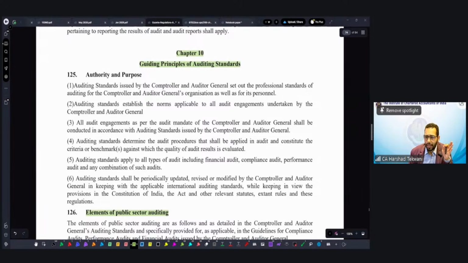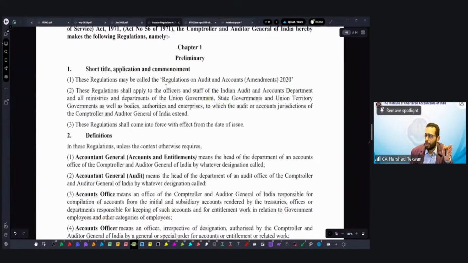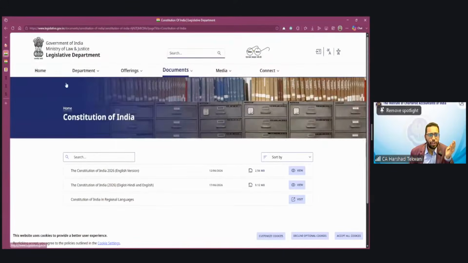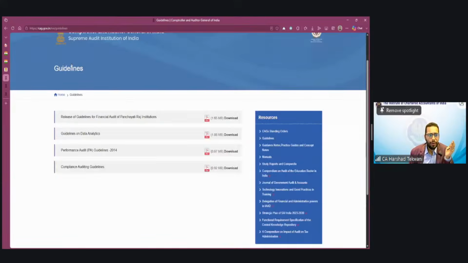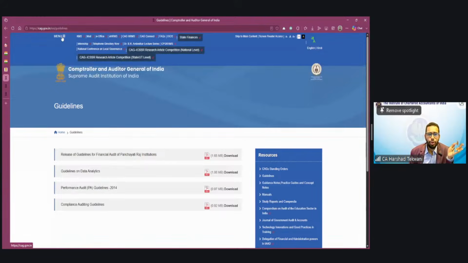And again, just to show you the name, these are the Regulations on Audit and Accounts Amendment 2020. Earlier, if you go on the website of the CNAG, there were regulations of 2007, if I'm not wrong.